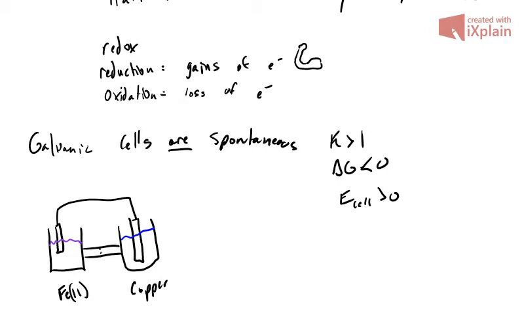So we've got iron 2, copper 2, and they're going to undergo a redox reaction. Now, each one of these half reactions we have to write out. So Fe2+ plus gaining 2 electrons, it's a lot easier to write it this way, gives Fe solid. This is what's called a reduction potential.